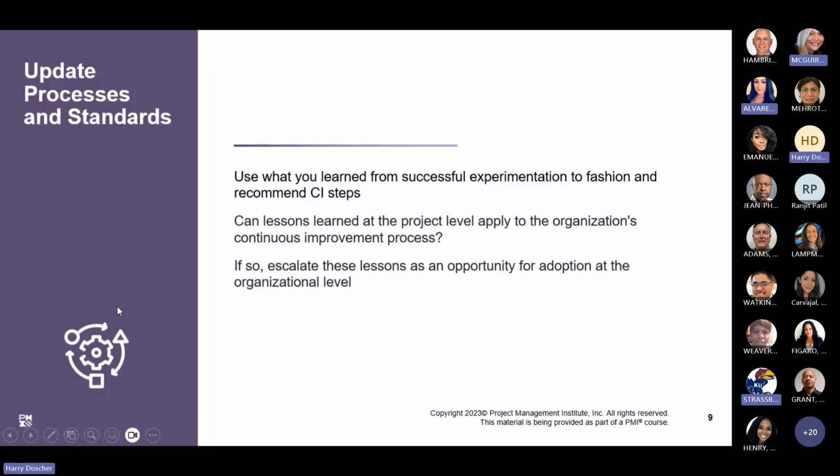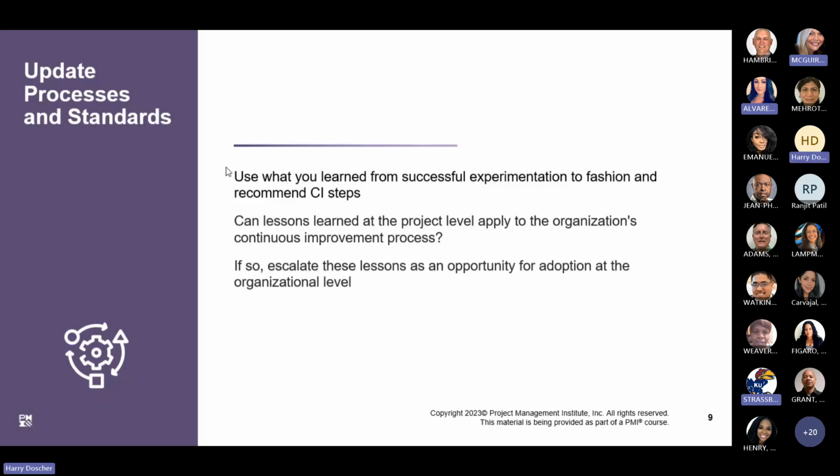So for an adaptive effort, what you're going to be doing is evaluating the way that you're producing the value every iteration.